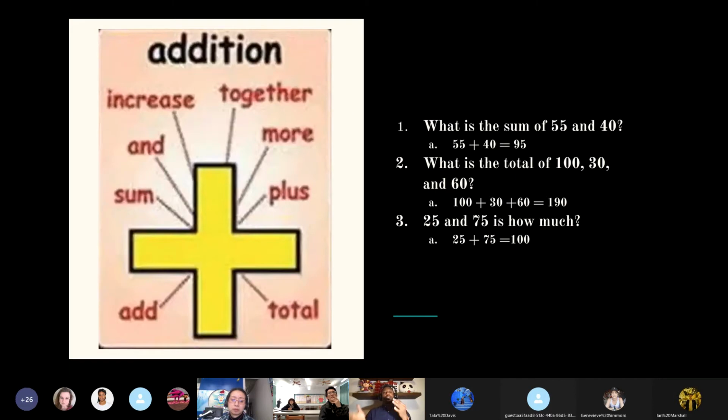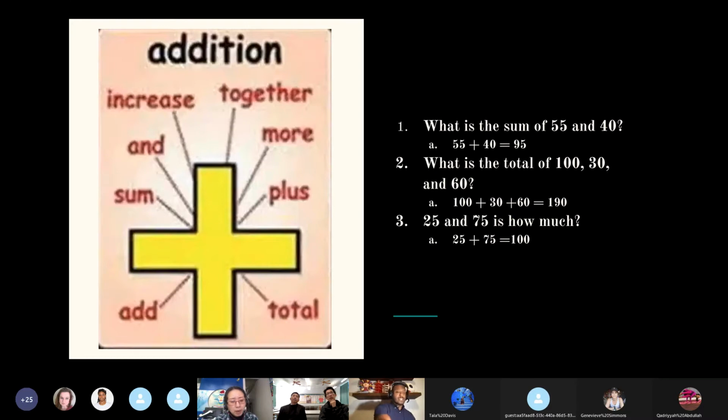So addition, there are different ways that we say addition in a mathematical expression. You could say increase, together, and more, plus, which is the very common one, 2 plus 2, add, total, sum.